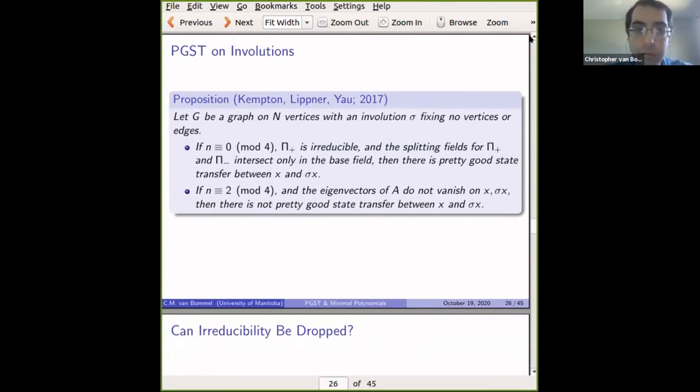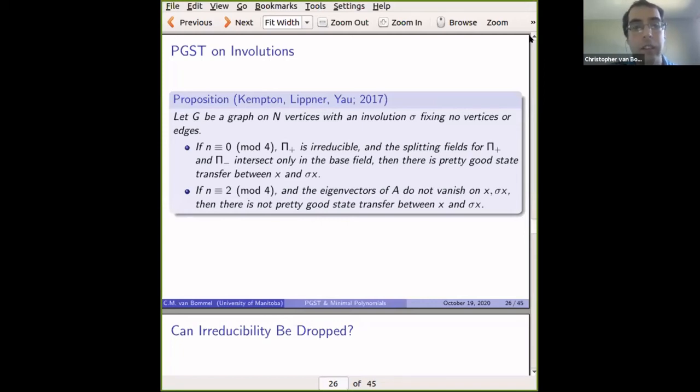For pretty good state transfer on involutions, there's an earlier paper from Kempton, Lippner, and Yau that covers some of the cases that the previous result doesn't. So if you have an involution that doesn't fix any vertices or edges, then if the number of vertices is divisible by 4, and you have some condition on how the roots of the two polynomials can interact, then you can achieve pretty good state transfer.